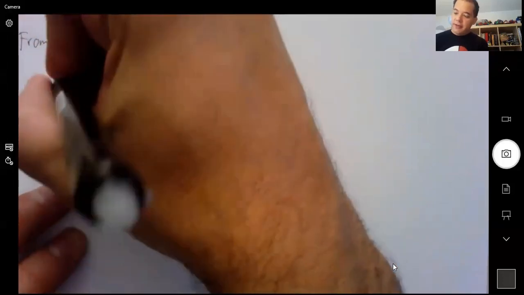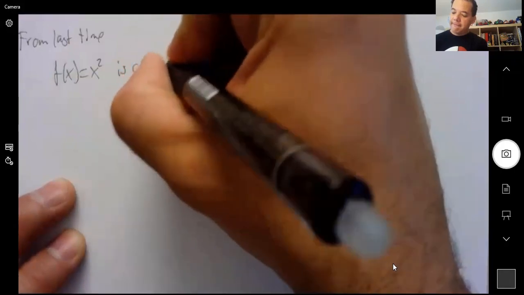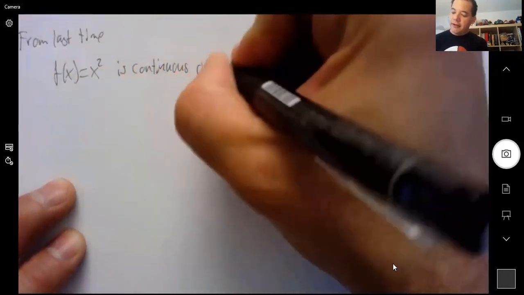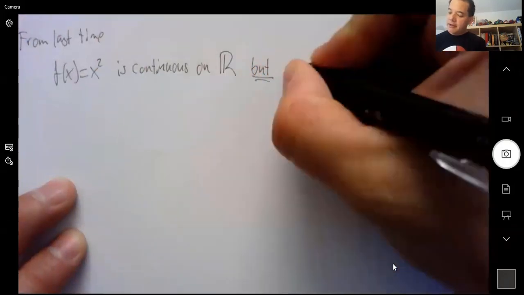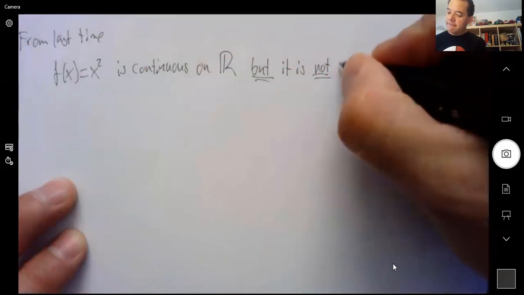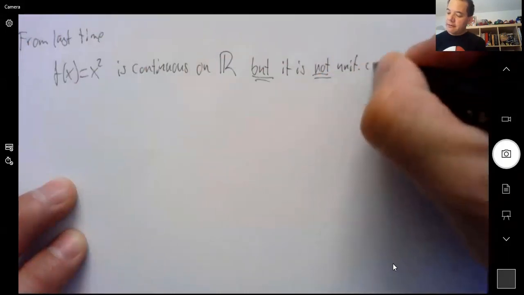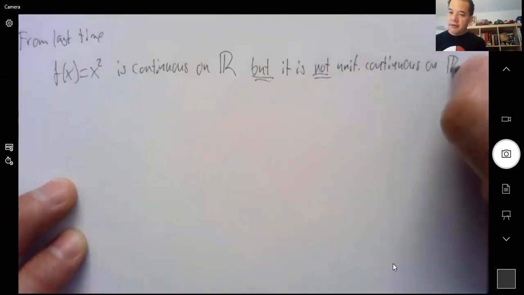Last time, f of x equals x squared is continuous on the entire set of real numbers, but it is not uniformly continuous on the real numbers.